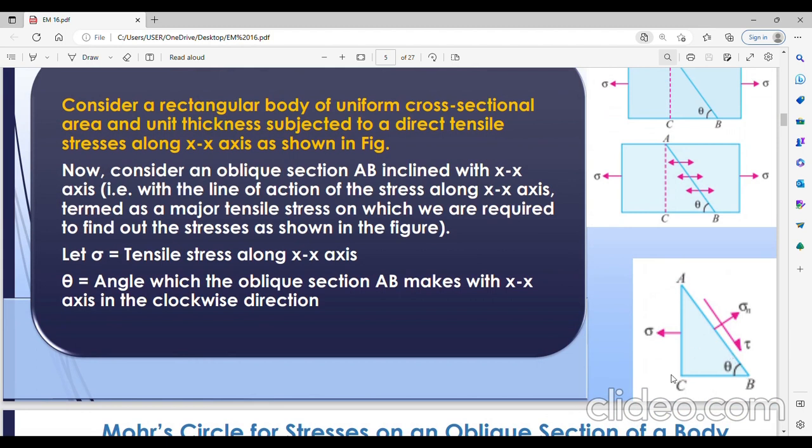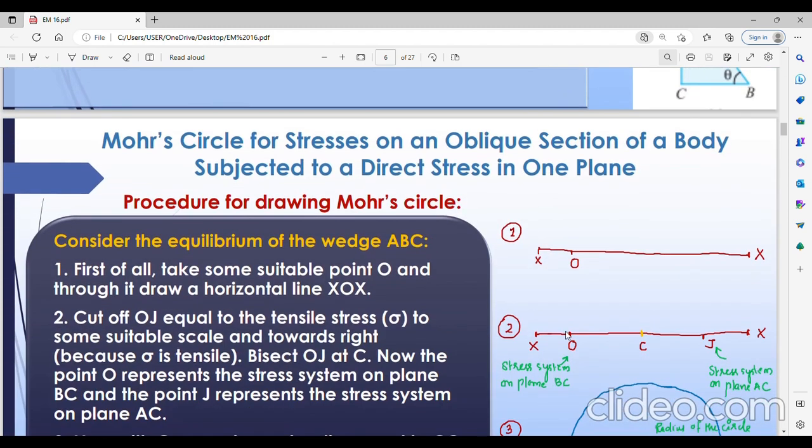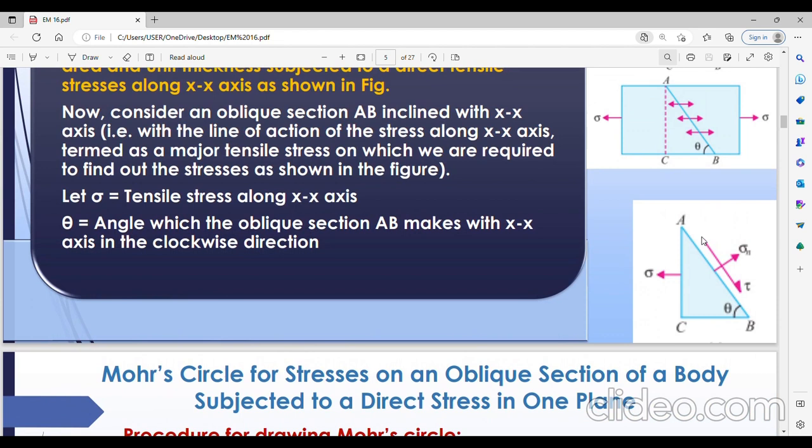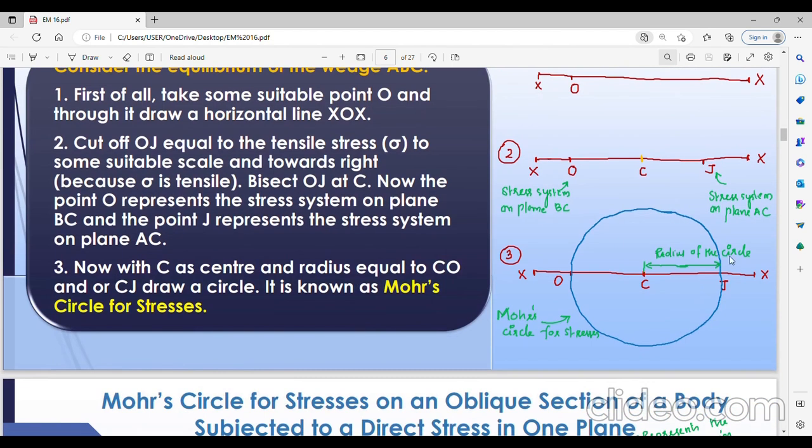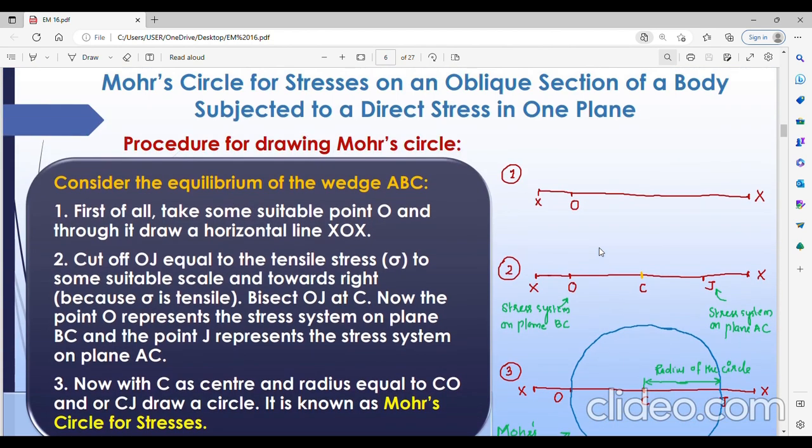All the stresses which are applied on the base of this triangle, that is on the face BC, will be represented by the letter O. Now the point J will represent the stress system on plane AC. So this is AC, the altitude of this triangle. All the stresses which are applied on AC will be represented by the point J. Okay, that is a simple thing which you have to note before drawing a Mohr's circle.